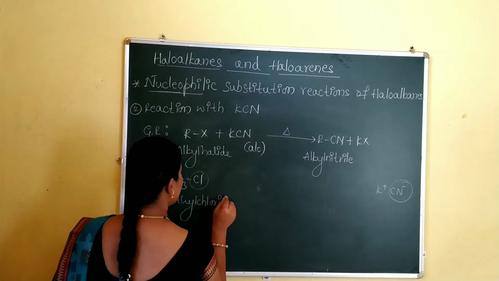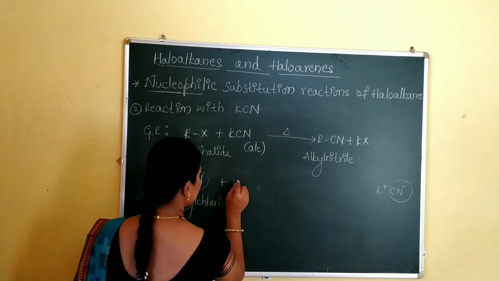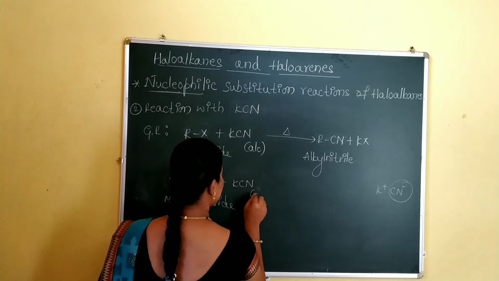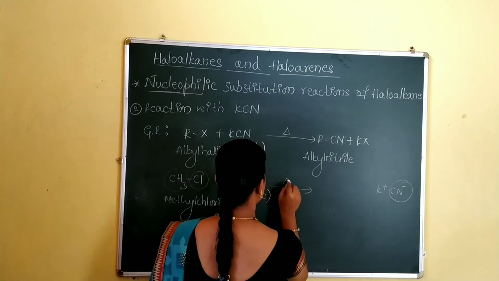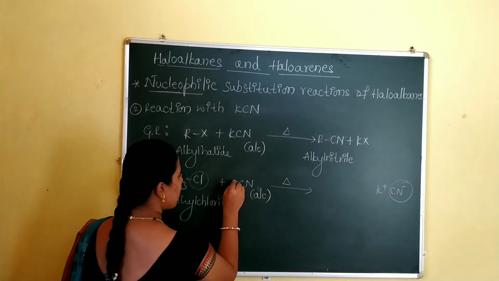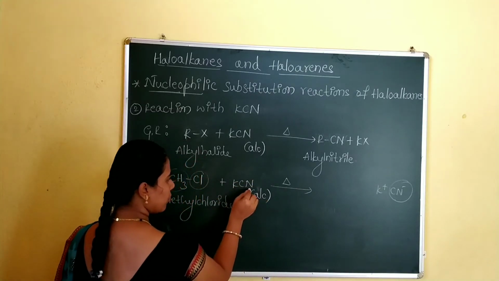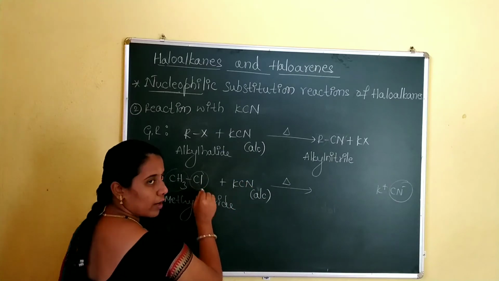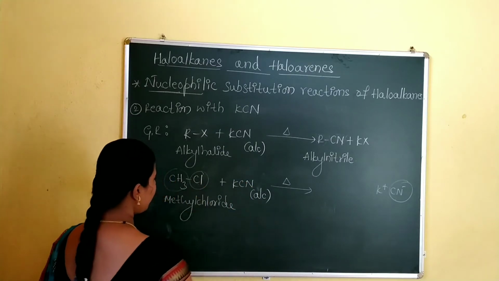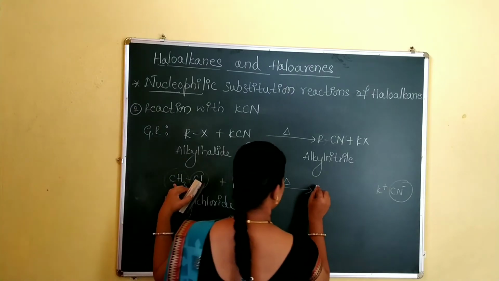When it is heated with alcoholic potassium cyanide, CN minus is the nucleophile which substitutes for the chlorine.